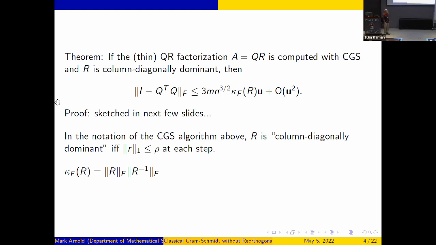I think the fastest way to find out if A equals QR gives you an R that's column diagonally dominant would be to do some kind of Cholesky factorization of A transpose A, and you could check the Cholesky factor. That'd be a little bit faster than doing the Gram-Schmidt.